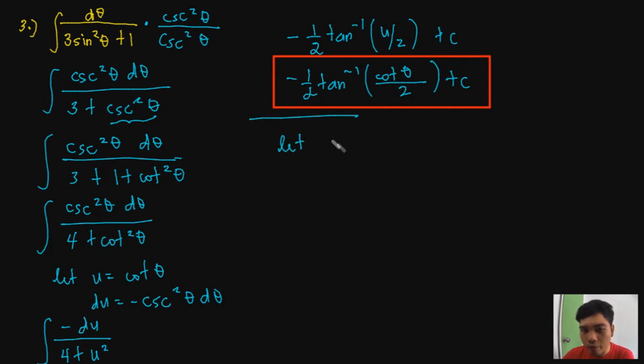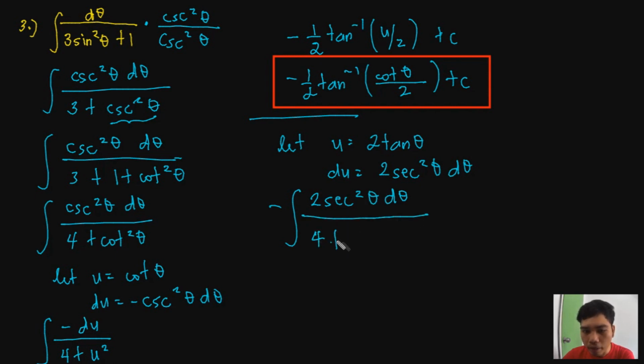So if we let u equal to 2 tangent theta, because that is possible here, right? Du would be equal to 2 secant squared theta d theta. Correct? And then if you try to substitute that, we have the integral of 2 secant squared theta d theta, with a negative in front, and then all over 4 plus, so u squared would be 4 tangent squared theta, right?